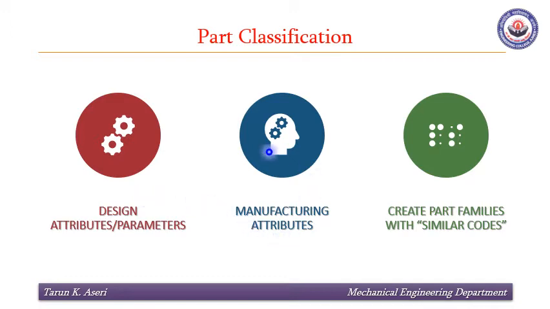Further, on the basis of manufacturing attributes, what kind of manufacturing processes are involved, we can make a part family on the basis of similar manufacturing processes. Third, create a part family with similar codes.